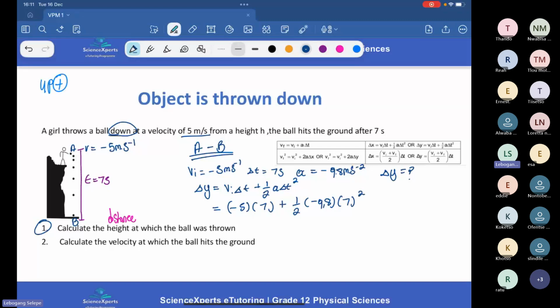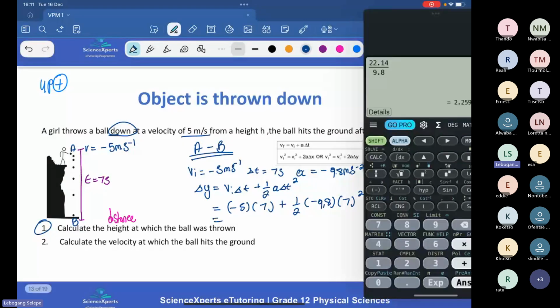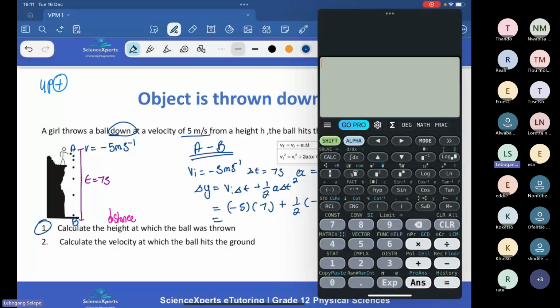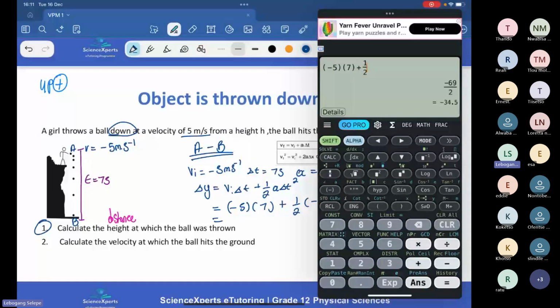Then let's put this in our calculators, guys. -5 into 7 plus half into -9,8 into 7, then squared. I'm getting this answer, -275,1.